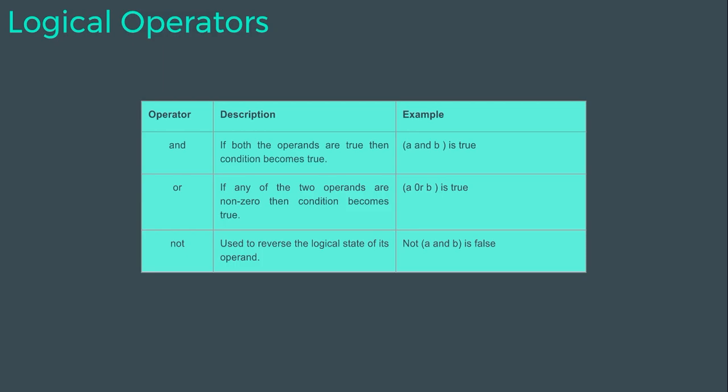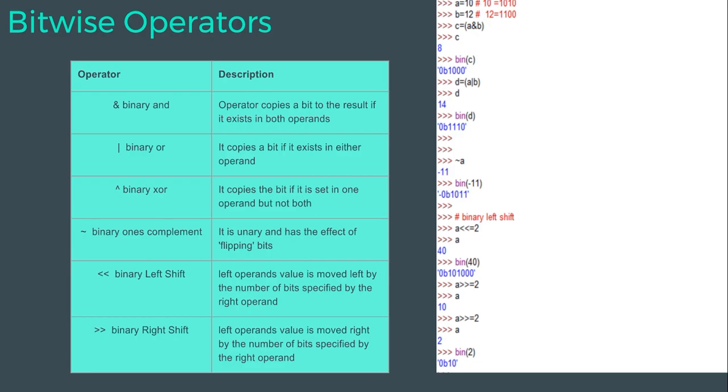Now the fifth operator is the bitwise operator. In bitwise operators there are binary AND operator, binary OR operator, binary XOR operator, binary ones complement, binary left shift operator, and binary right shift operator. Now let's take an example in IDLE shell.